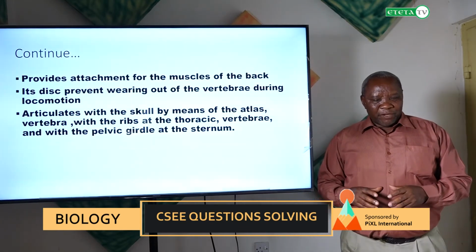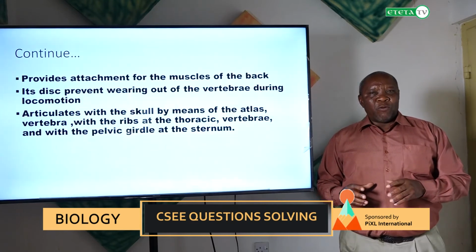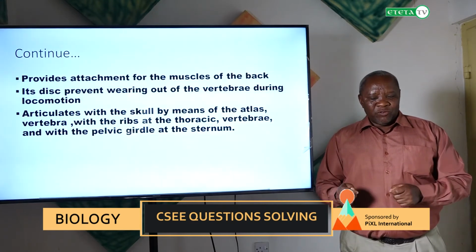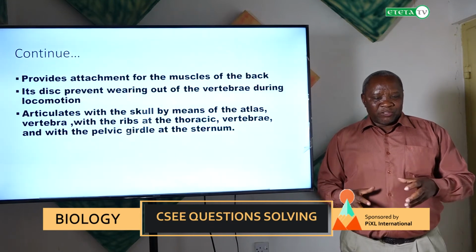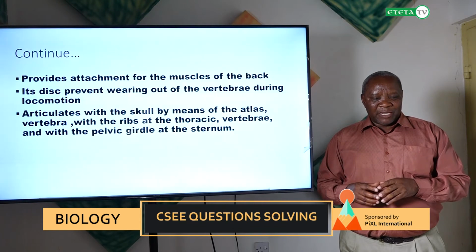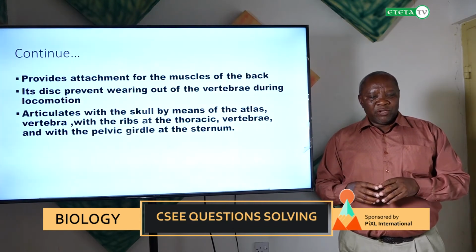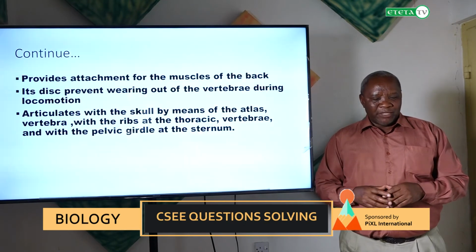Also, it prevents wearing out of the vertebrae during locomotion. During locomotion there is friction, so the discs of the vertebral column help prevent the wearing out of the vertebrae during movement.